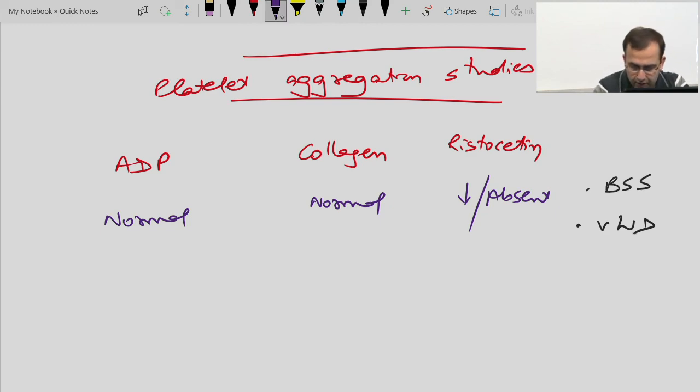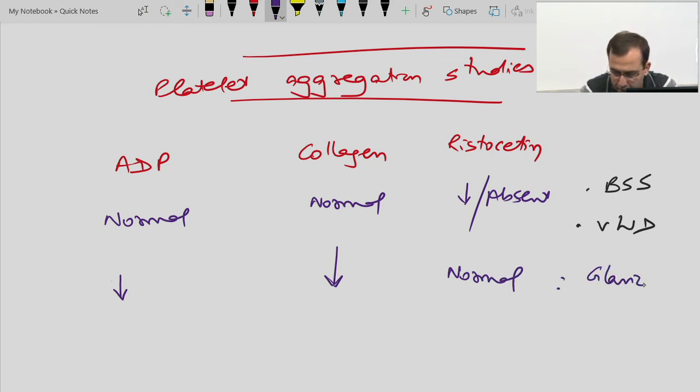Versus if it is reduced to ADP, reduced to collagen, but normal to ristocetin, then it is Glanzmann's thrombasthenia. This table of platelet aggregation studies is important.